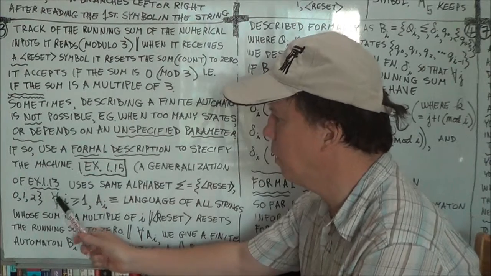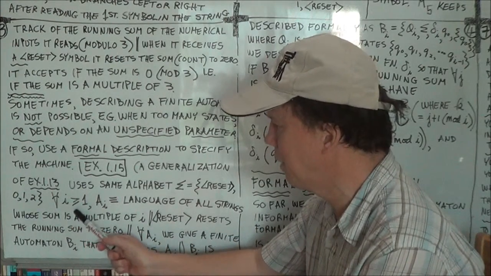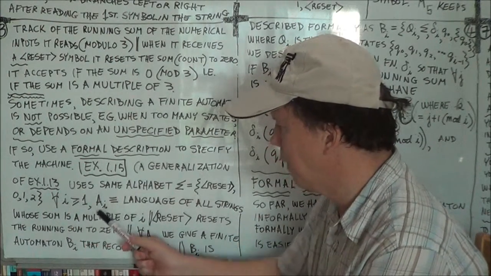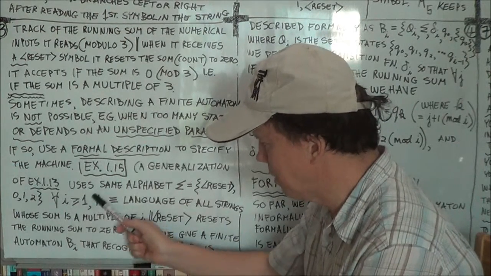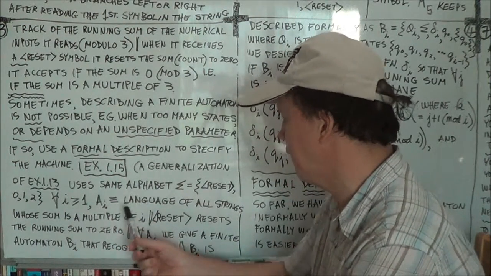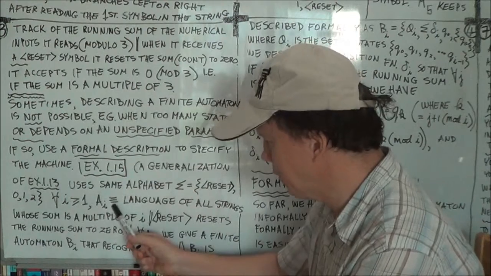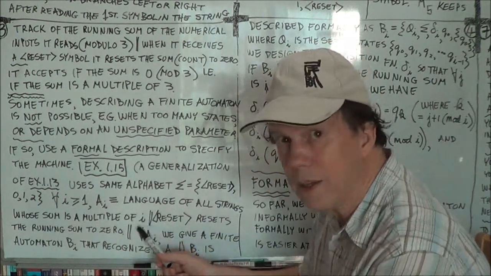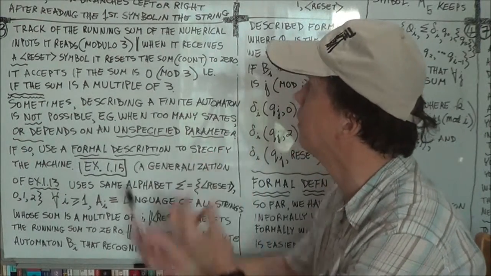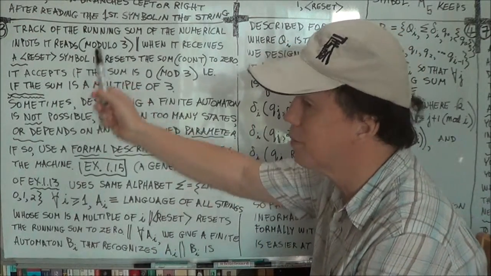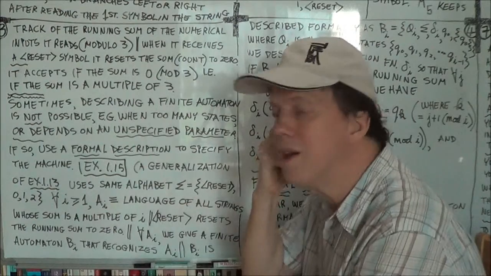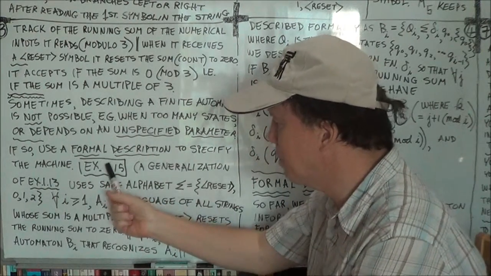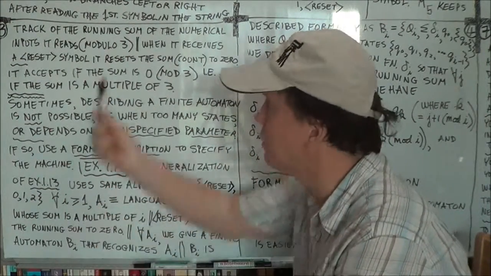And for all integers I greater or equal to 1, A_I, now that's often a symbol for a language, it's the language, by definition, of all strings whose sum is a multiple of I. Now before it was a multiple of 3, up here. That was example 1.13. And this is example 1.15, which is a generalization of this.